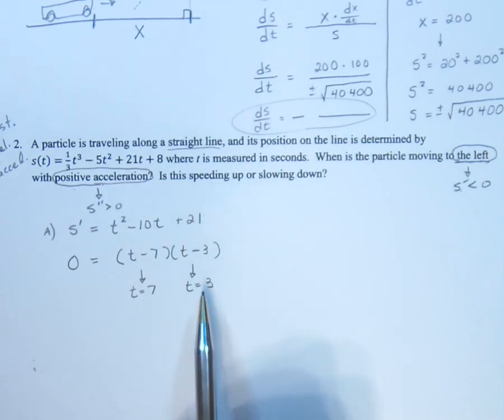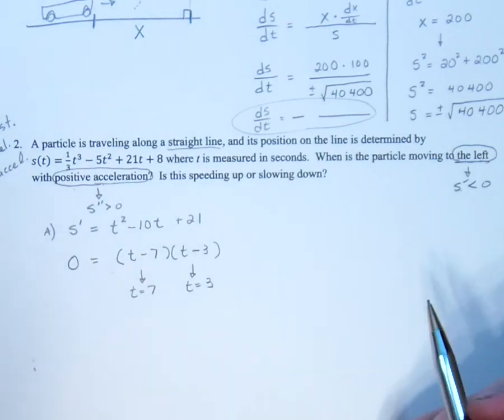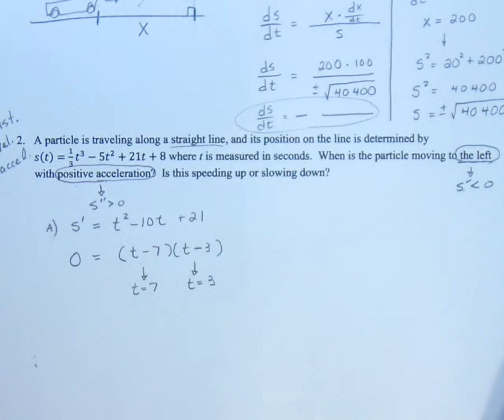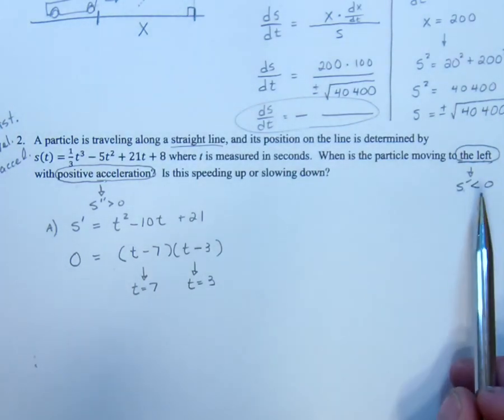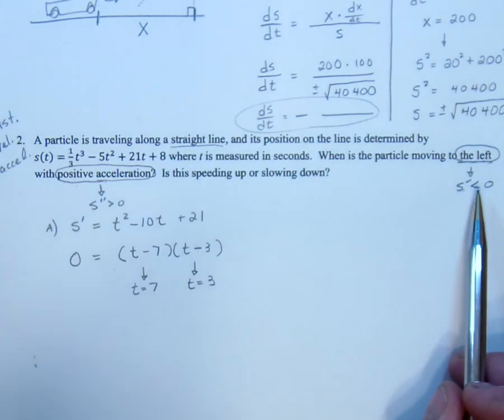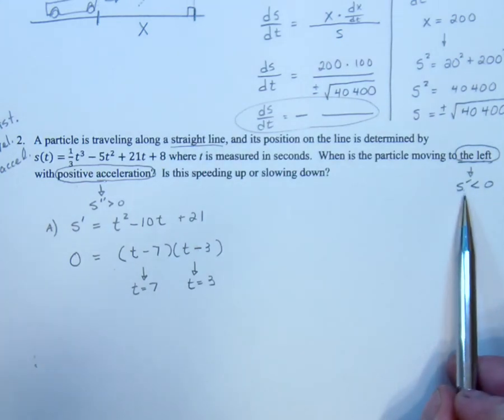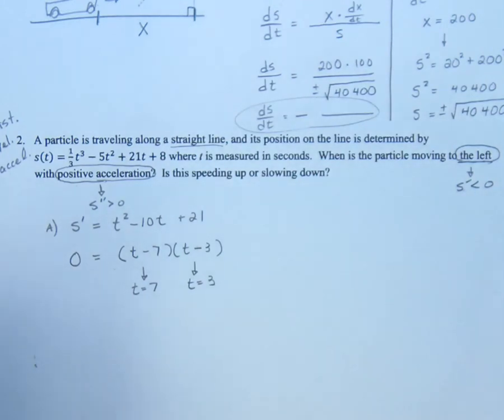Okay, so we need to know when is this thing moving to the left and when is this thing moving to the right. So when is the first derivative negative? There's a few ways you can do that.